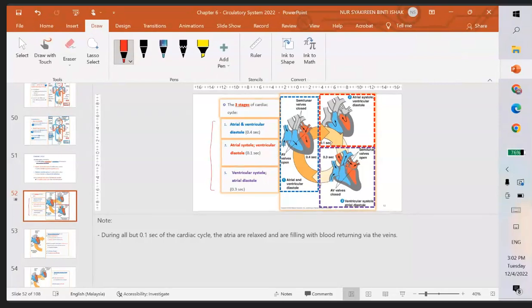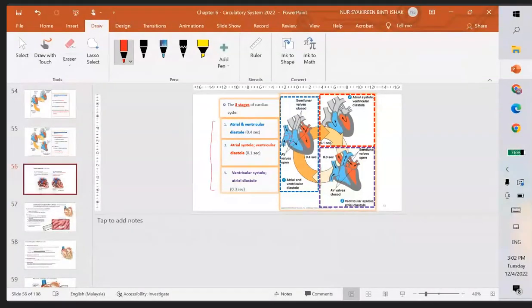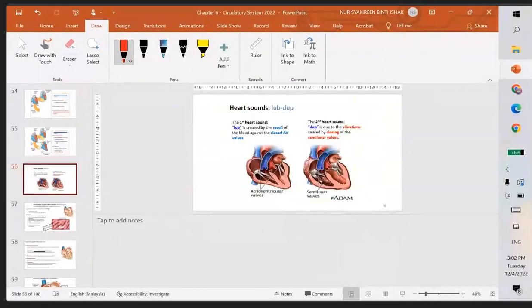You have to know what happened to the atrium chamber, what happened to the ventricle chamber, and what happened to the AV valve and also the semilunar valve in each of these stages of the cardiac cycle. And then the last one, we looked at the heart sound, which is the lub-dub.